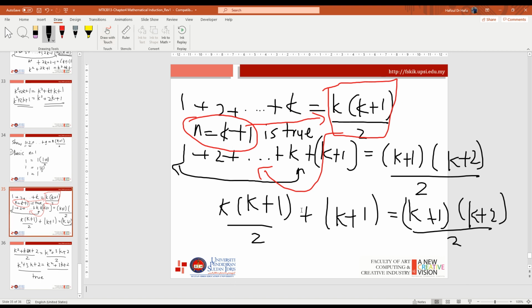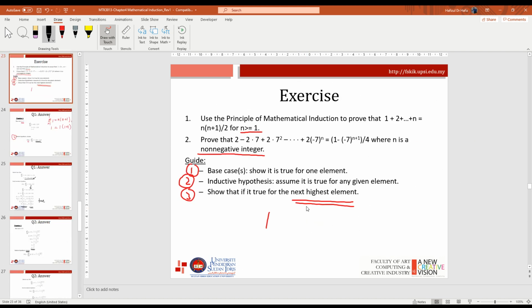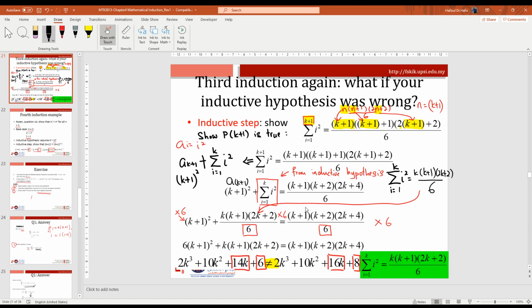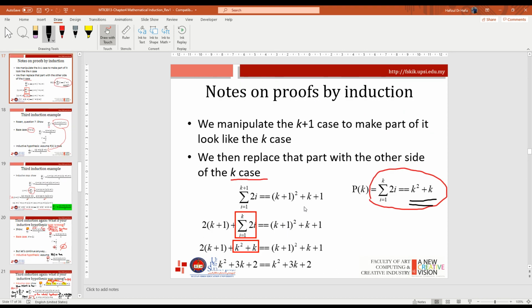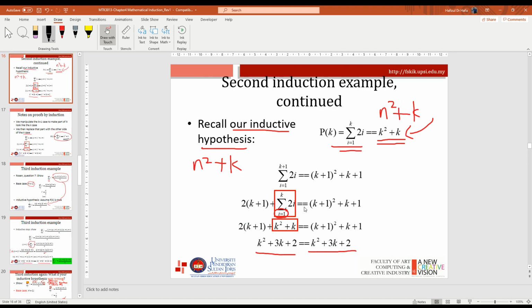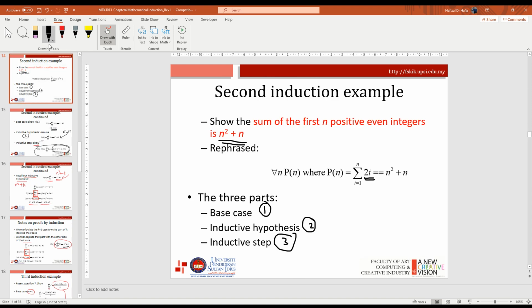For this one, we go by the formula. Okay, this one I show you this one and for the even integer.